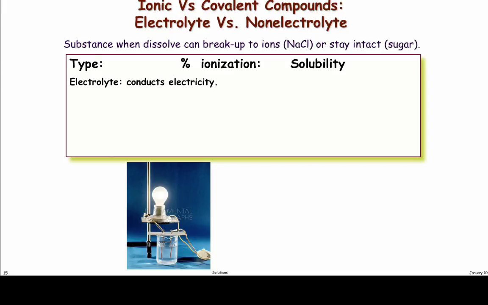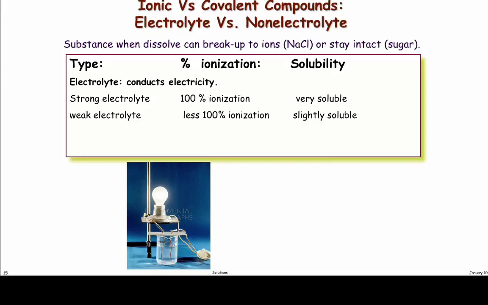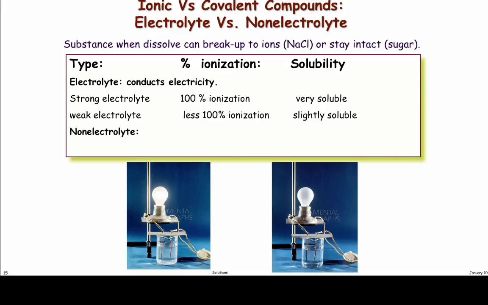Electrolytes tend to conduct electricity because, as you see in this picture, the ions can move freely. Strong electrolytes are when the ionic substance breaks up 100% in water into its ions. Weak electrolytes are when the ionic substance does not break up 100%, and so it's slightly soluble. And of course, non-electrolytes are substances that do not break up and form ions at all, and so they are non-conductors, as shown in that illustration.